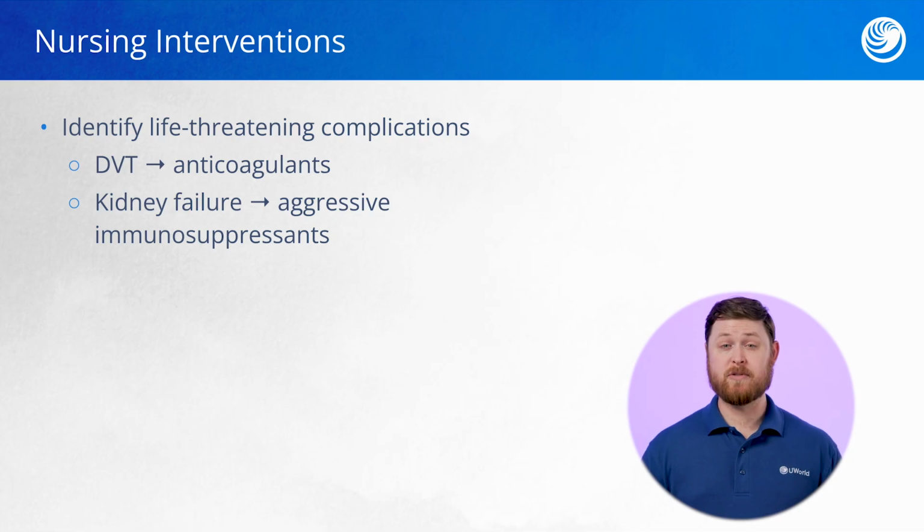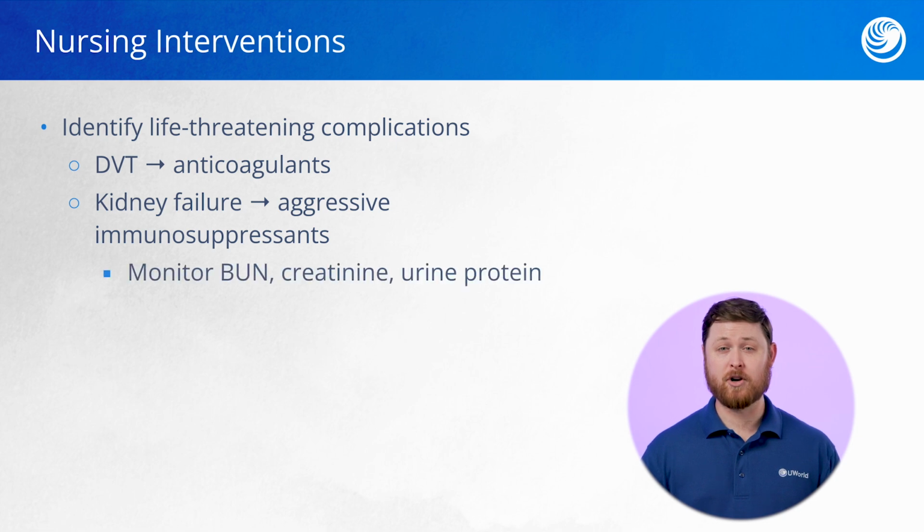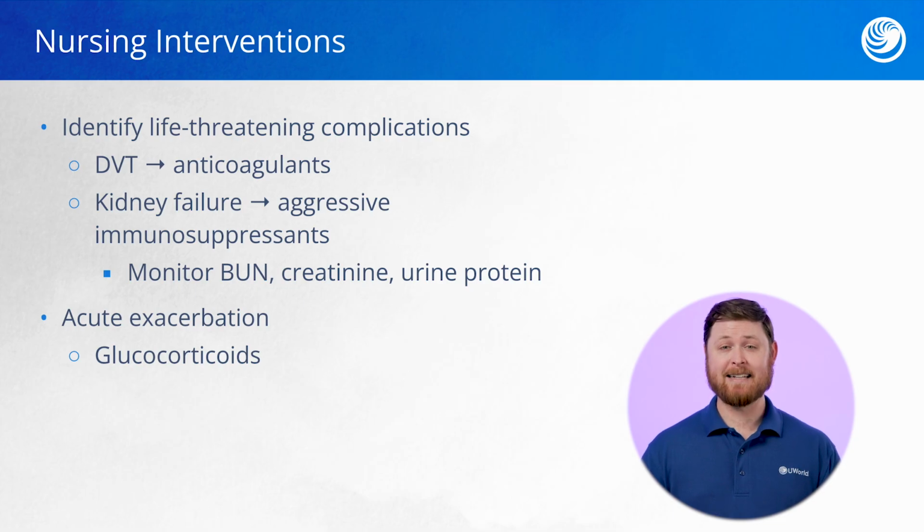This will help to reduce inflammation within the kidney or kidneys and help to improve kidney function, which we can monitor by checking the client's BUN, creatinine, and urine protein levels. For other symptoms of acute exacerbation, the nurse can anticipate administration of glucocorticoids to help with inflammation and analgesics to help with pain.